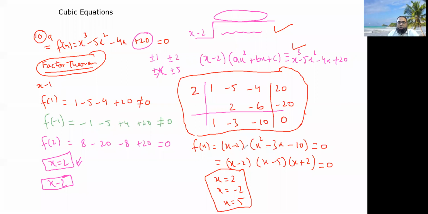Just keep in mind that a cubic equation can have 1, 2, or 3 roots, at most 3 factors. So that was it for this method of solving a cubic equation.